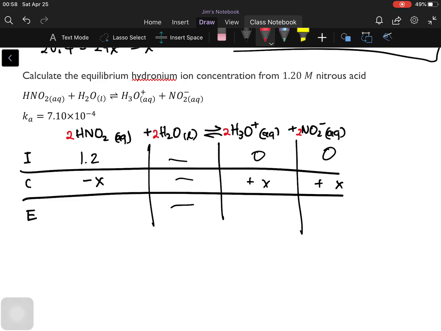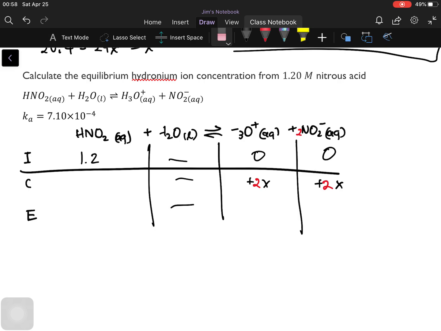So if we have 2 on the reactants, that will become negative 2x. This becomes positive 2x, positive 2x. If this is 3, this will become 3x, and so on and so forth. However, that's not the case here.